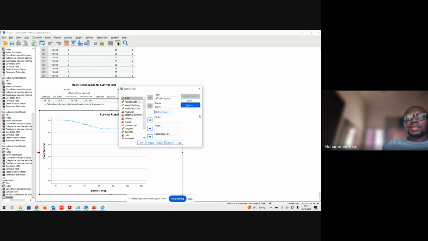Okay, I think that's for when you divide it into two groups. So let's look at the survival between males and females and see how that compares.